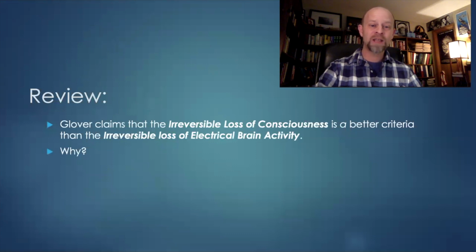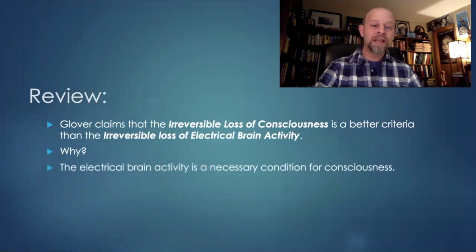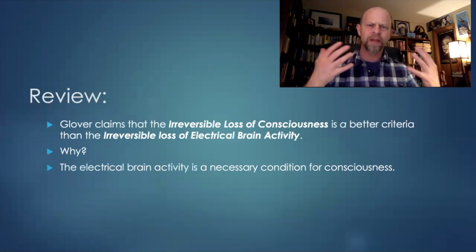The reason is because, according to Glover, the only reason why we're even interested in electrical brain activity in the first place is because that's a necessary condition for consciousness. If irreversible loss of brain activity occurs, then you've definitely lost consciousness. And he thinks that it's consciousness that we really care about.